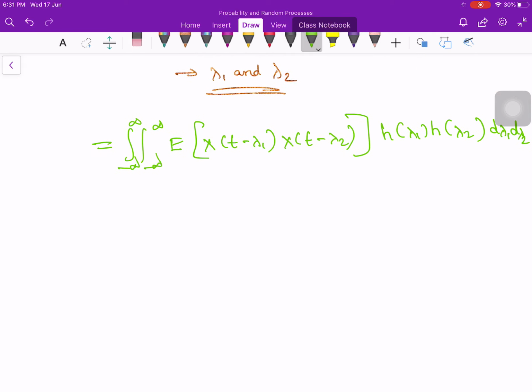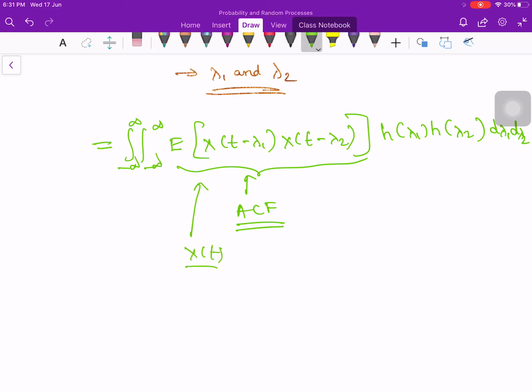Okay, now you notice that this is simply the autocorrelation function, ACF. So the expected value inside this double integral is simply the autocorrelation function of the input random process x of t.